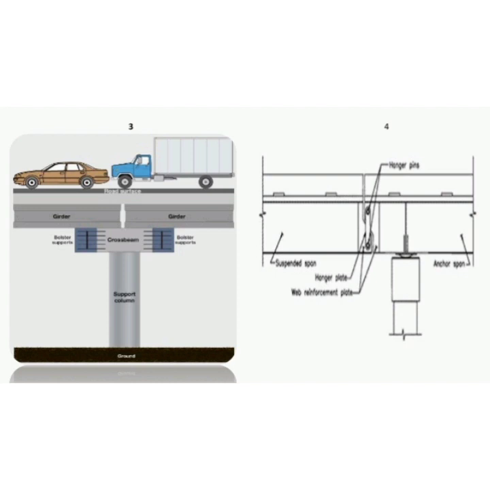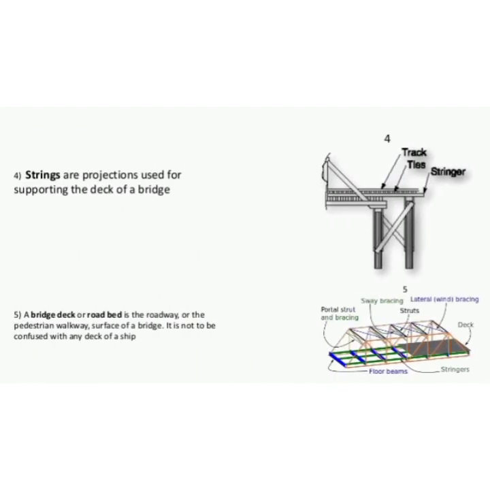This is the figure. Stringers are projections used for supporting the deck of a bridge. A bridge deck or road bed is the roadway or the pedestrian walkway surface of a bridge. It is not to be confused with the deck of a ship.